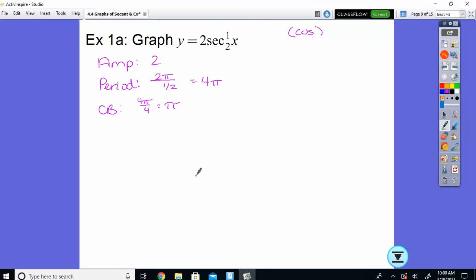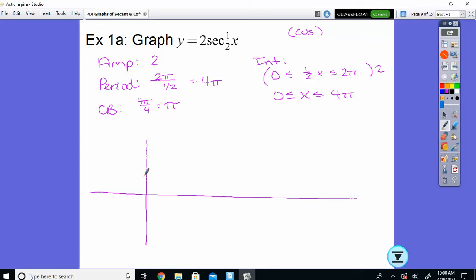Do I have to do an interval? No. If you're confused about if you need to or not, just do it. Everything except tangent and cotangent you just set up between 0 and 2 pi. So if you multiply everything by 2, you get 0 less than or equal to x less than or equal to 4 pi. So for one interval, we will start at 0 and end at 4 pi.